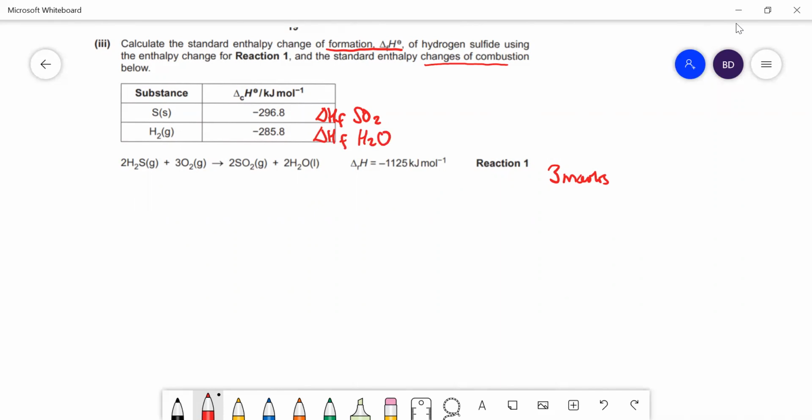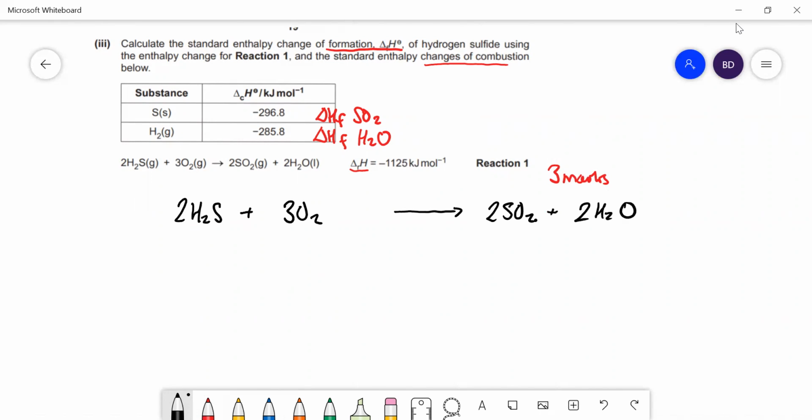So we've got to construct the Hess's law cycle here, and we're going to use a delta HF cycle. So I'll write that down. We're going to have 2 H2S plus 3 O2 goes to 2 SO2 and 2 waters.